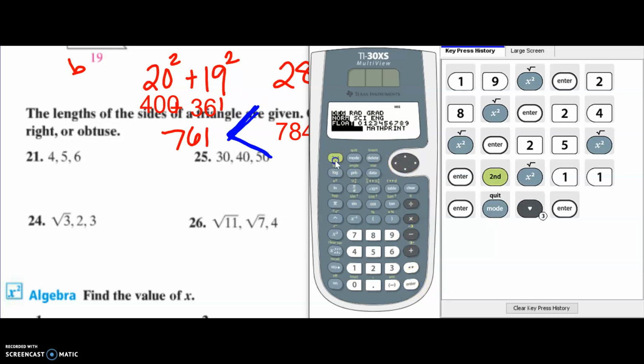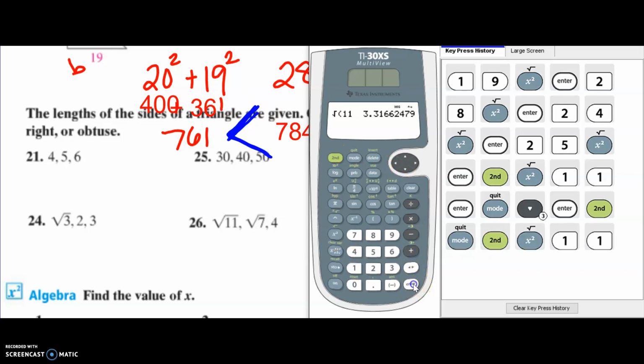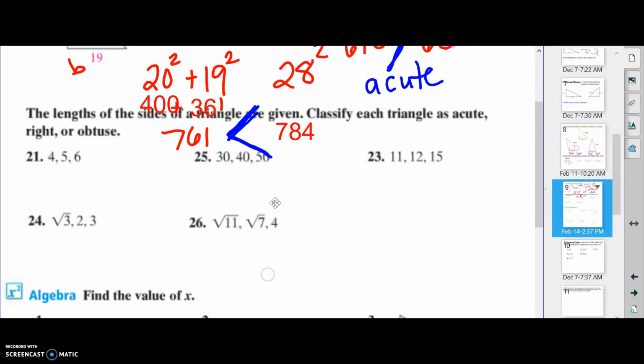But if I want to know what it would be, square root 11 is 3.3, and square root 7 is 2.6. So that means the 4 is going to be the C, right? So then we'll just make that be the A and the B.